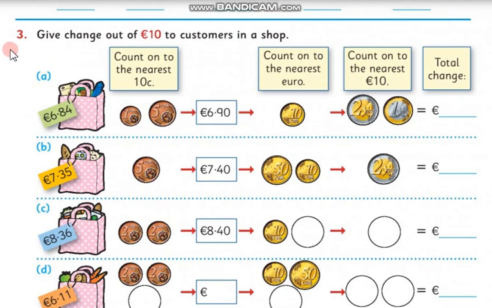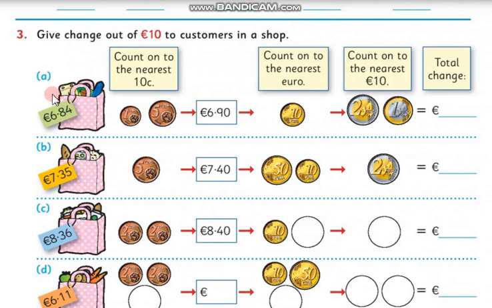So in this shop, the customer comes in and has given €10 to buy their bag of groceries. There are 5 people, and they're each after buying a bag of groceries, and they're all, would you believe, paying with a €10 note.